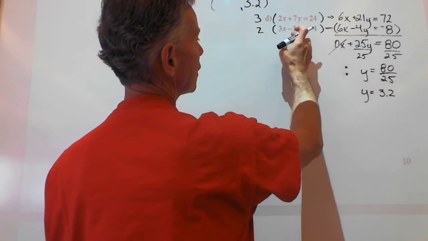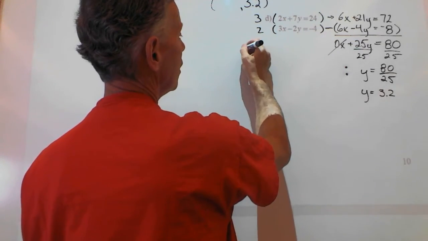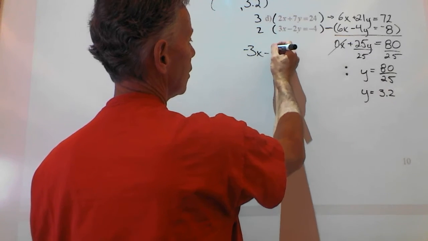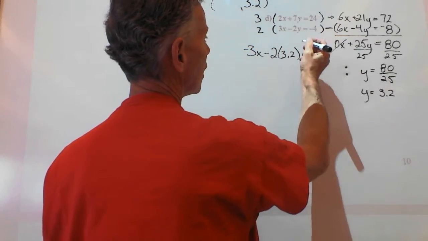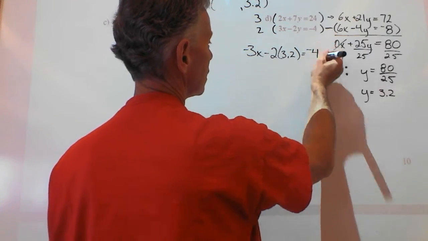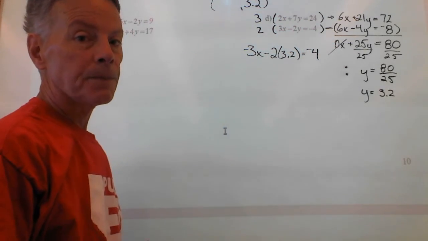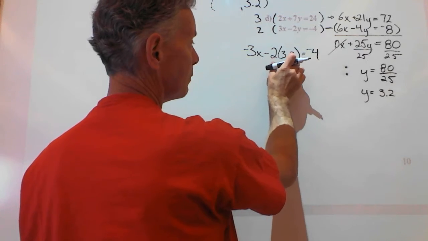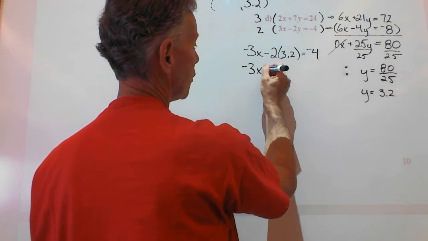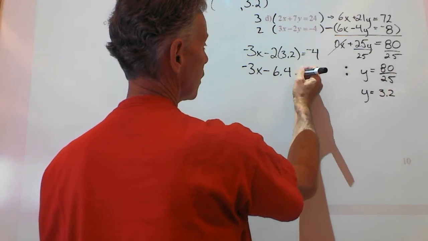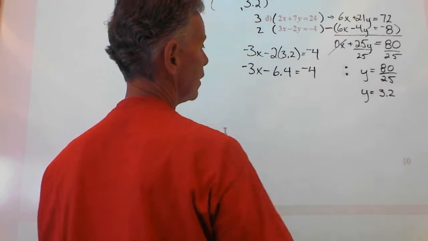So instead of 3x minus 2y equals negative 4, we're going to have 3x minus 2 times 3.2, right, our value for y, equals negative 4. Simplify. 3x minus 2 times 3.2 is minus 6.4, equals negative 4.